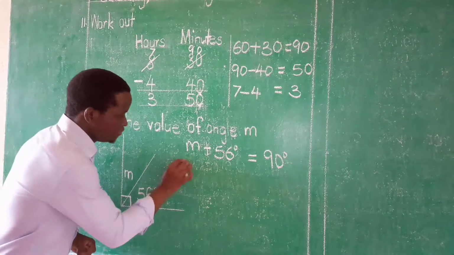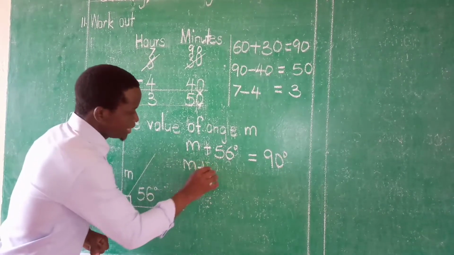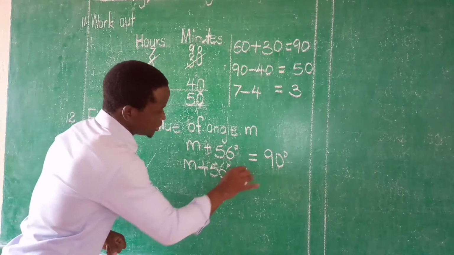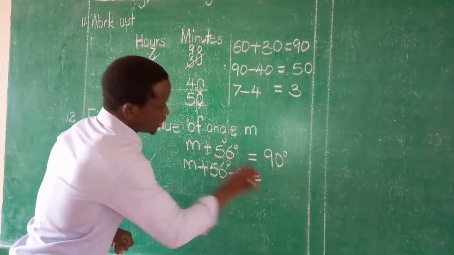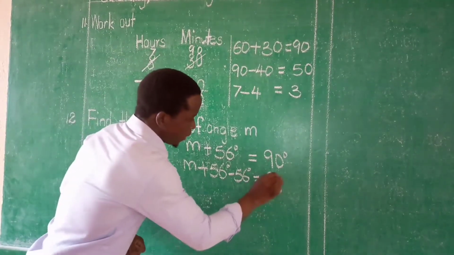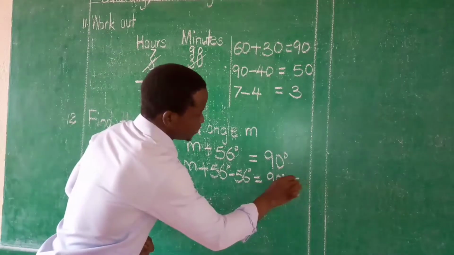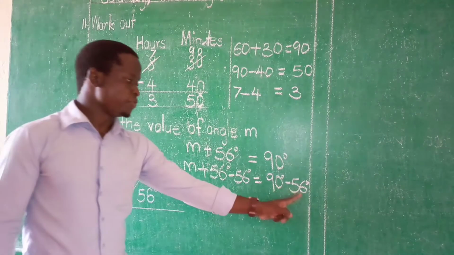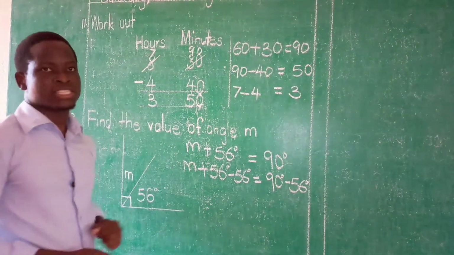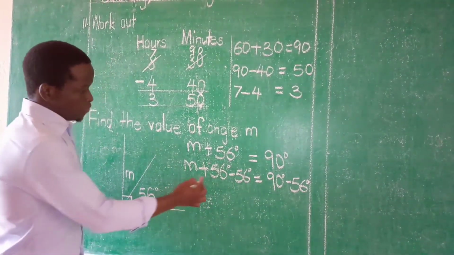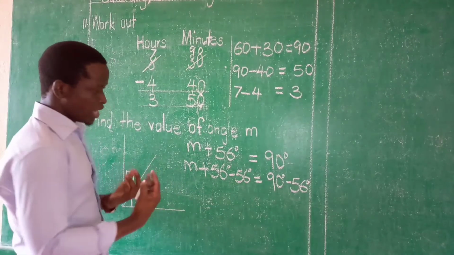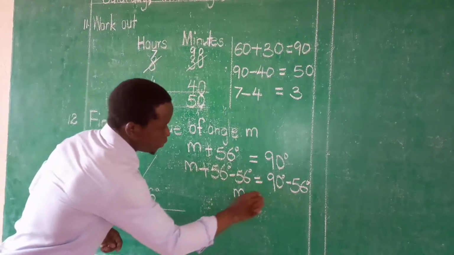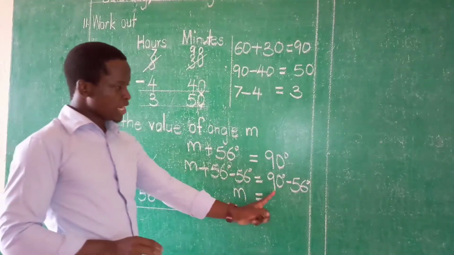And here we shall have A plus 56 degrees, subtract 56 degrees here, is equal to 90 degrees and also subtract 56 degrees. I have subtracted 56 degrees from both sides. 56 minus 56, I get a 0. So I remain with only A, which is equal to, what's 90?